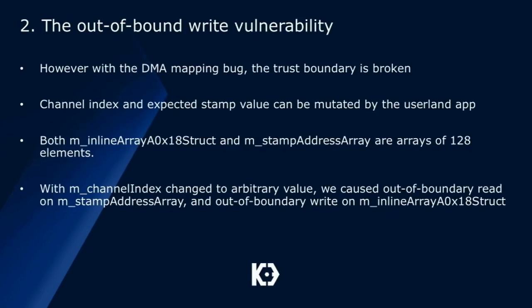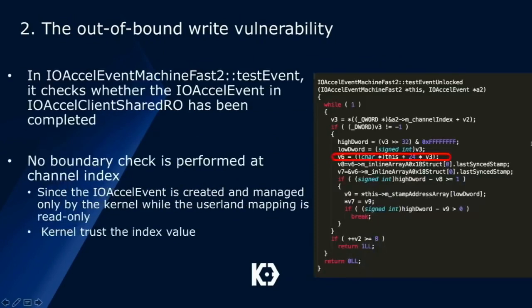However, together with the DMA mapping bug, it is possible that we can modify the channel index here. Because this object is created by the kernel and it's not possible to be mutated by the userland applications, the kernel fully trusts it and doesn't perform enough boundary checks.